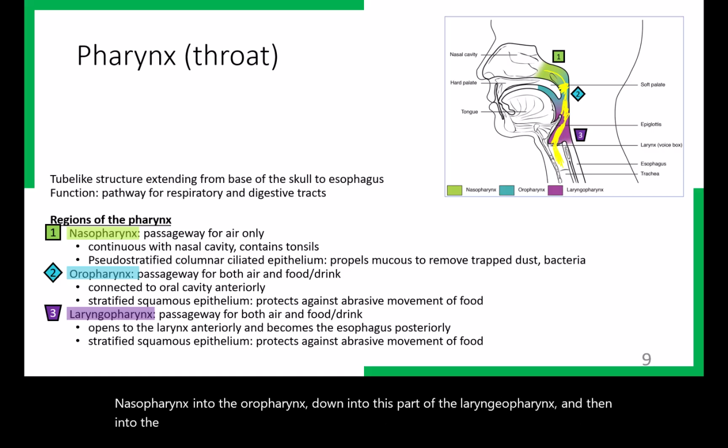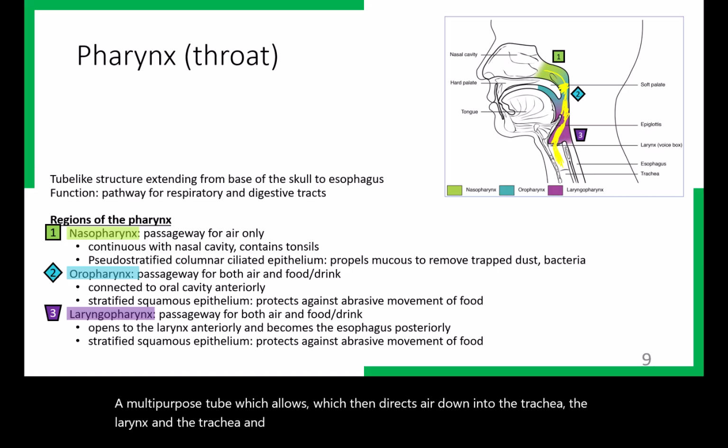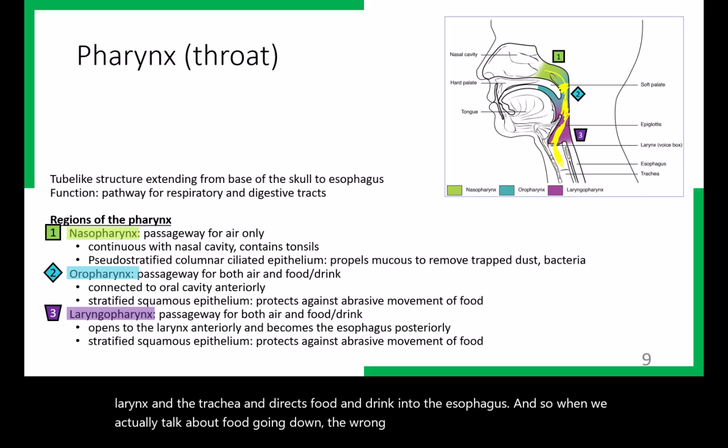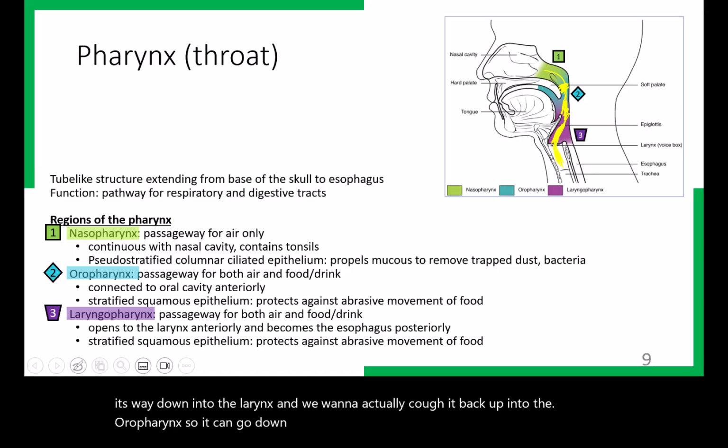So it's a multi-purpose tube, which directs air down into the larynx and the trachea, and directs food and drink into the esophagus. And so when we talk about food going down the wrong way, it's starting to perhaps make its way down into the larynx, and we want to cough it back up into the oropharynx so it can go down to the esophagus.